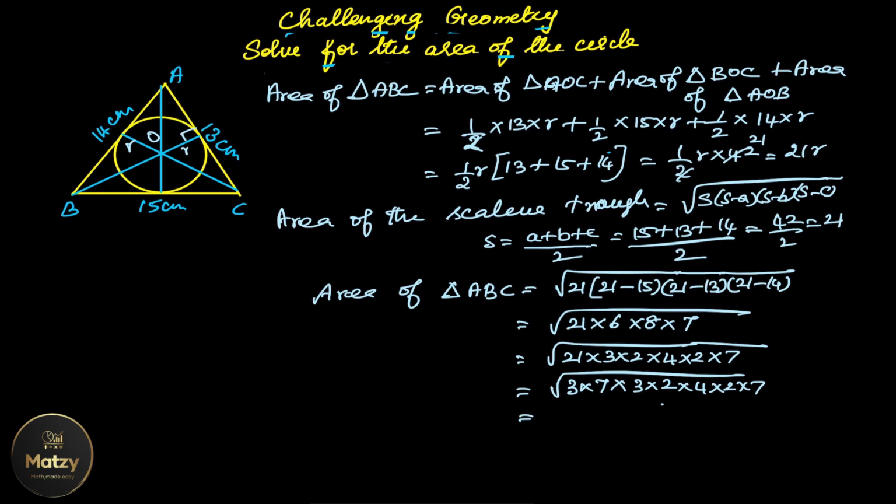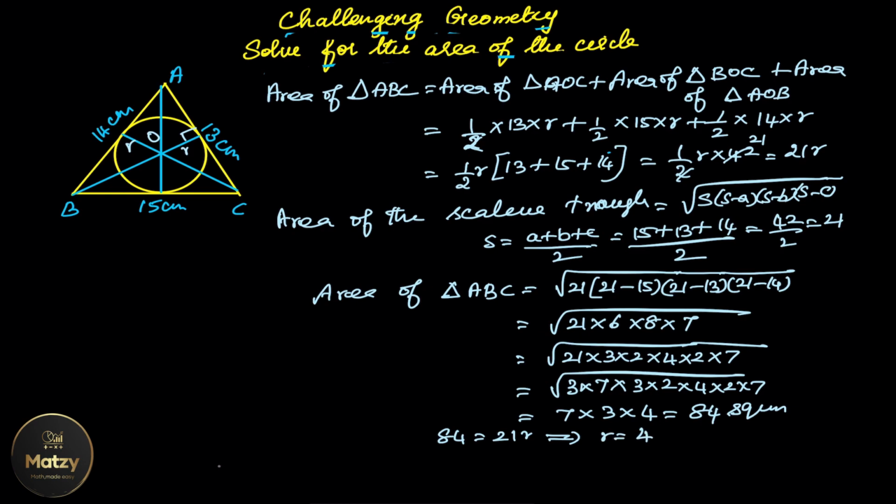So what is the square root? 7 I am taking one time, 3 also I am taking, then 4 also. So that is 84 square centimeters. So 84 is equal to 21 R. So this implies R is equal to 4.